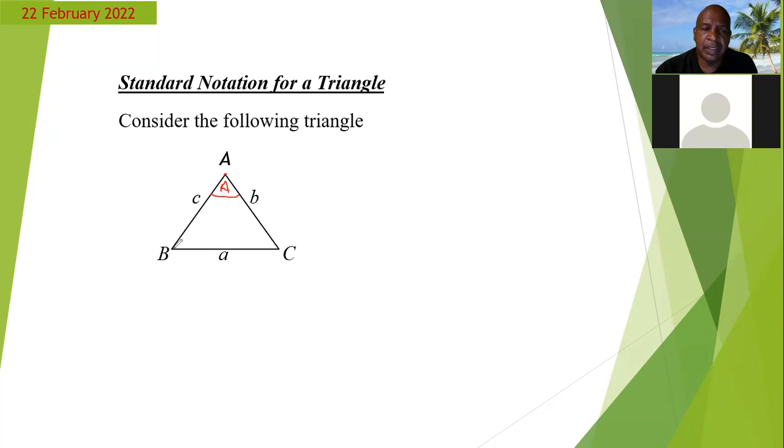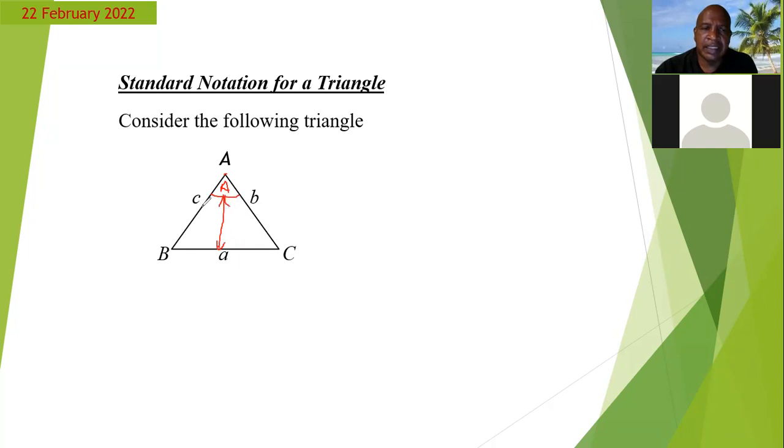And one thing I want you to understand is that the side a is a side that is in front. Notice that this is the opening and the side a is in front of the opening. So that's one important thing that you have to understand about a side which is opposite to an angle. The side a is opposite to angle A in terms of their position or location.